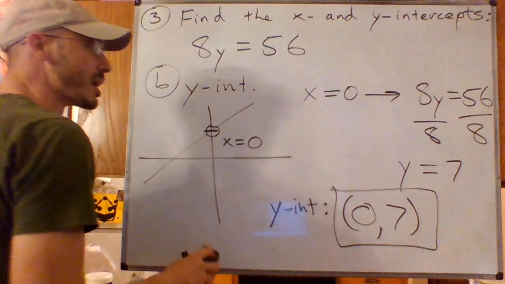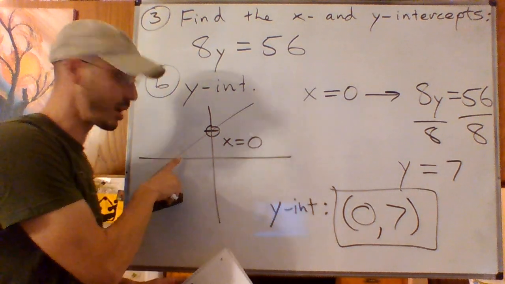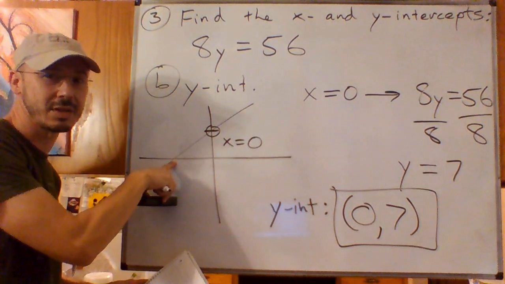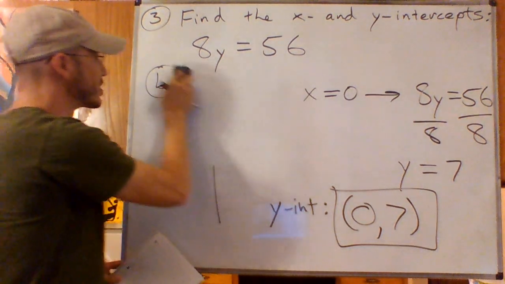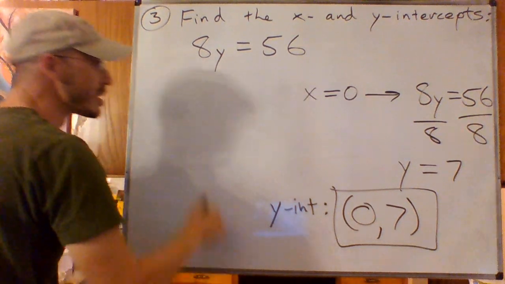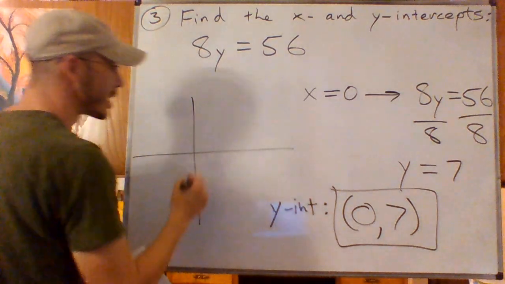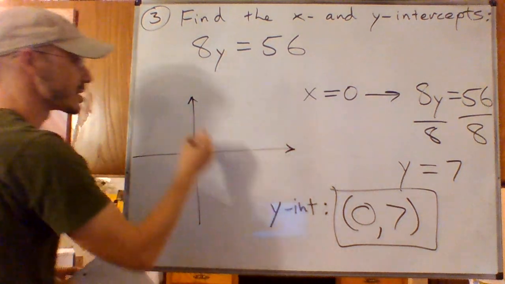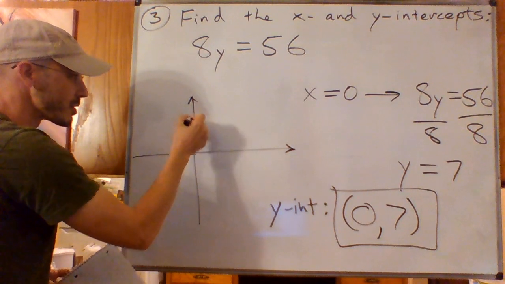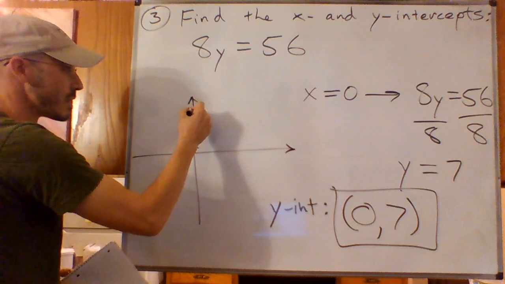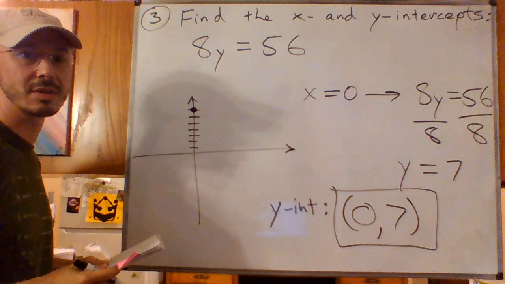Another thing about this line, it doesn't have an x-intercept. So I do want to draw for you a better picture of this, just for reference. This is what this line actually looks like. I've got my x-axis and my y-axis. Up here at 2, 3, 4, 5, 6, 7, 0, 7, that's my intercept.